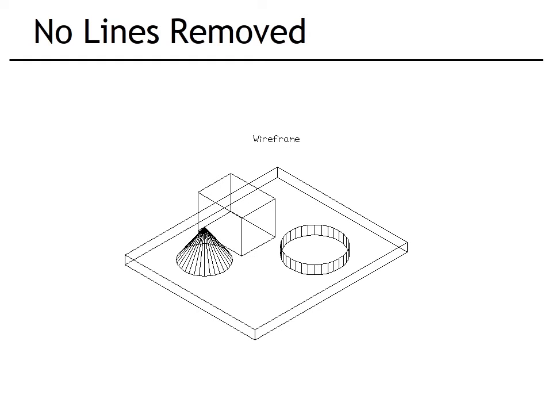All these objects are resting on a table. This is called a wireframe, because no hidden lines are removed, nothing is hidden behind the scene.